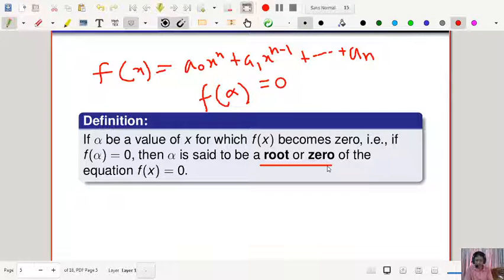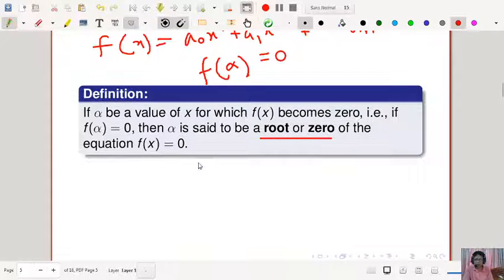So if alpha is a value of x for which f(x) becomes 0, that is, if f(alpha) equals 0, then alpha is said to be a root or zero of the equation f(x) equals 0. Yes, alpha can be a root or zero if f(alpha) equals 0.